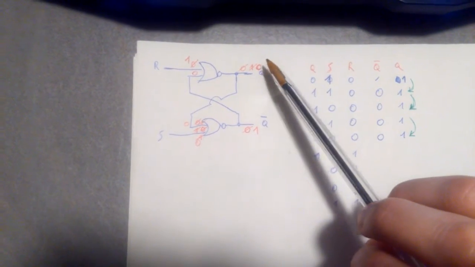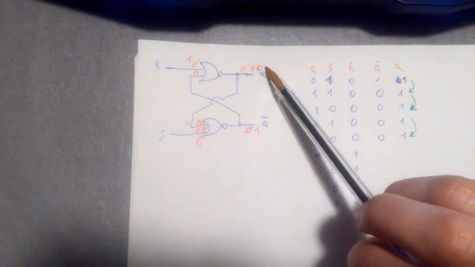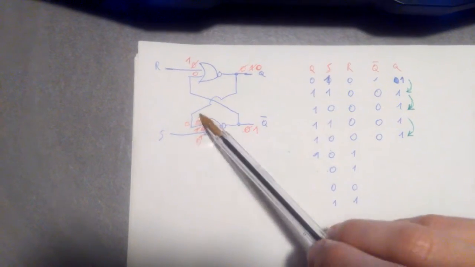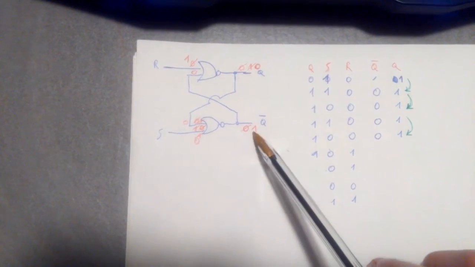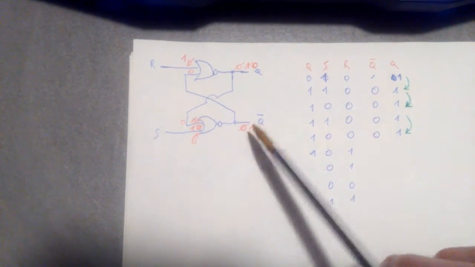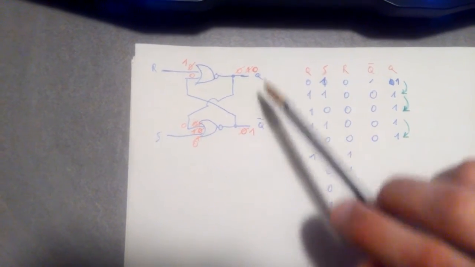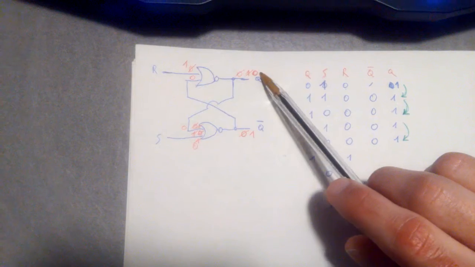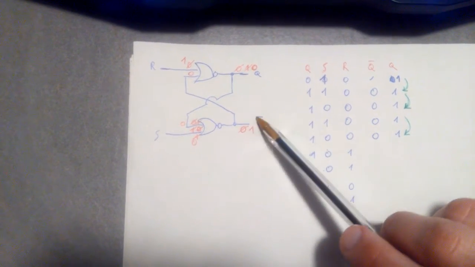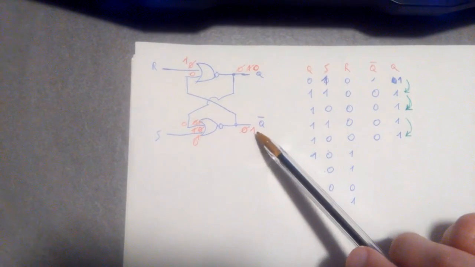So basically, since the output of this NOR gate just became 0, we updated this one, which turned this one to be 1. So as you can see, Q has now become a 0, and Q naught, which is the opposite, has now become a 1.